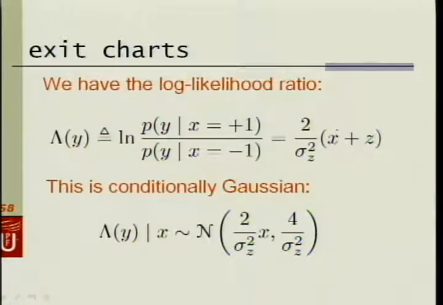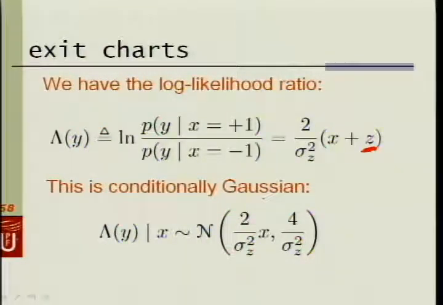If we compute the probability of y given that x is equal to plus 1 divided by the probability of y given that x is negative, and take the logarithm, we get this: 2 over sigma_z squared times (x plus z). The appearance of this z here means that this quantity is conditionally Gaussian.